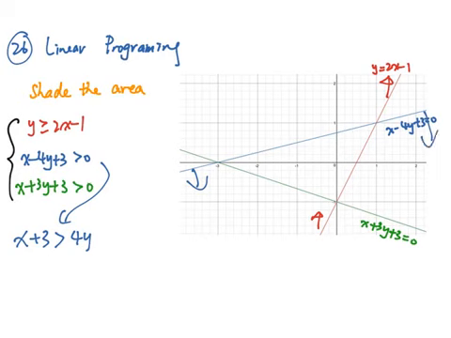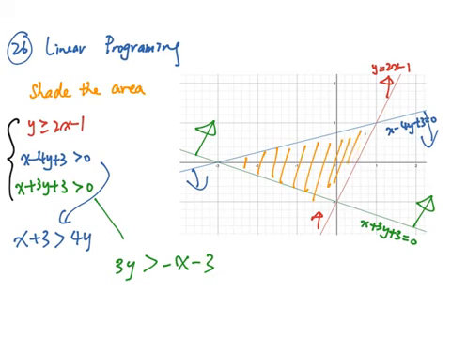The last one, x plus 3y plus 3 greater than 0. We make y the subject, so 3y is greater than negative x minus 3. So y is greater, so it goes up. We combine these 3 cases, so we can get this area.